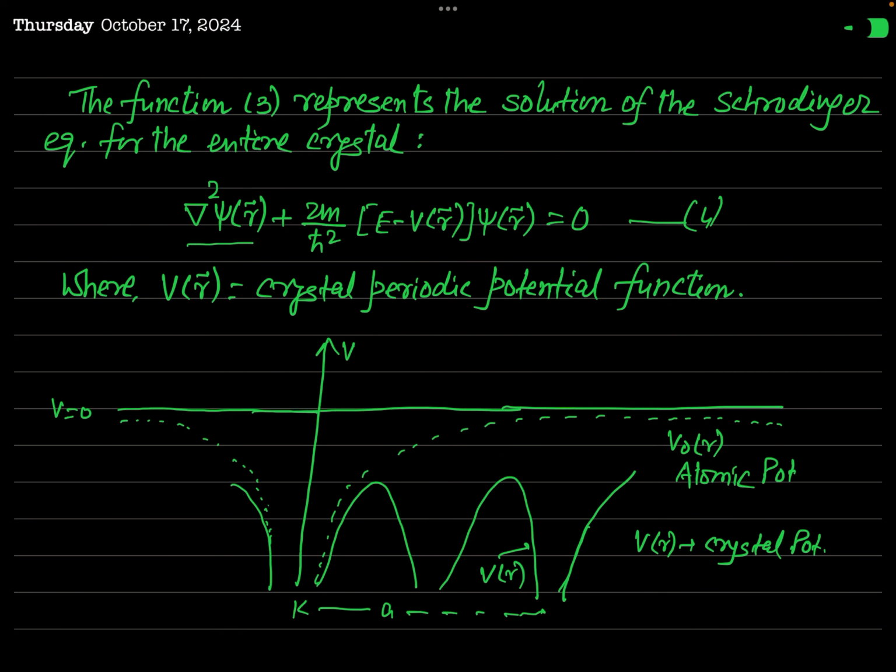This is del square psi of r plus 2m over h bar square times E minus V of r times psi of r equal to 0.